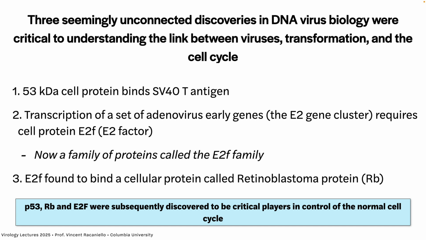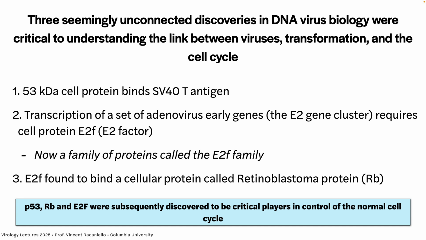So a couple more discoveries you need to know before you understand what's happening here. First, people found that T antigen binds a cell protein now called P53. Huge protein in cancer. Almost every human cancer has a P53 mutation. So binds SV40 T antigen. That was very interesting.